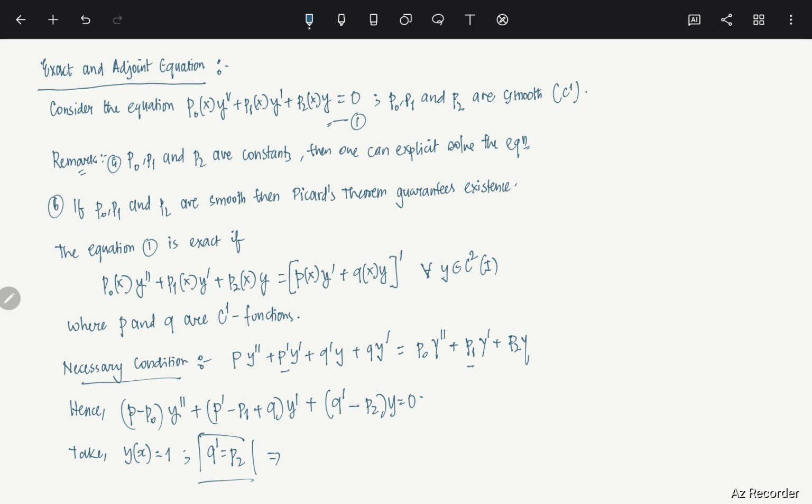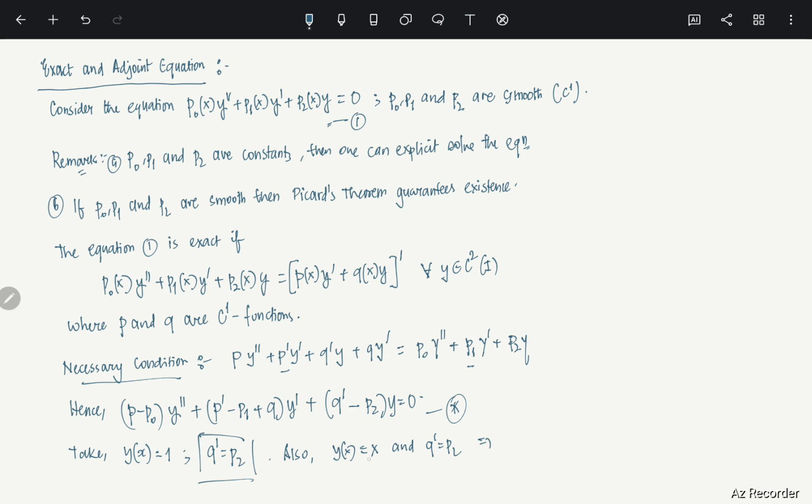Now also, if you take y of x to be x, and q prime equals p2 is already given, the choice of p and q is on us. So if we choose q prime equals p2 and y of x equals x, then this expression, the star, should also hold.